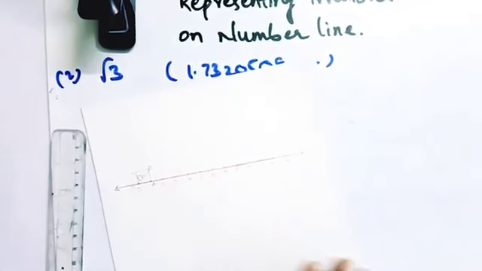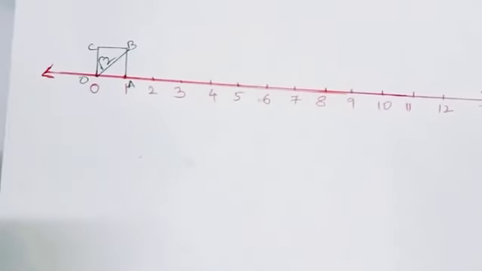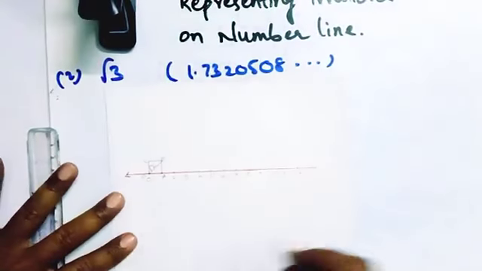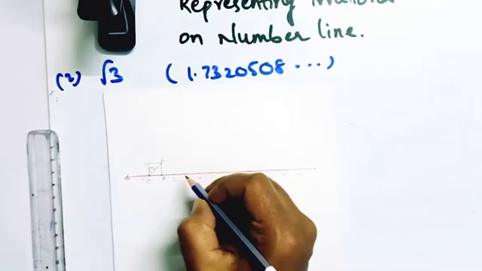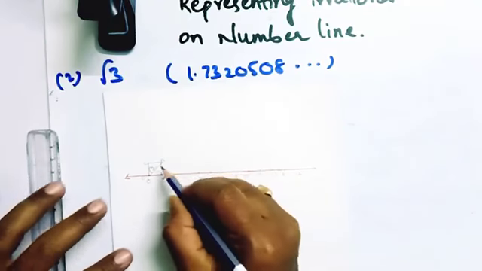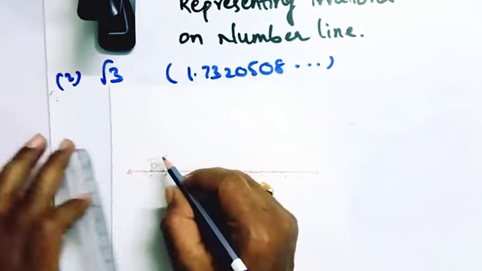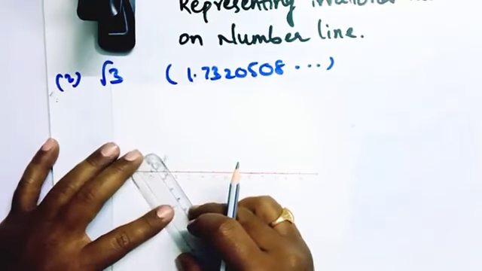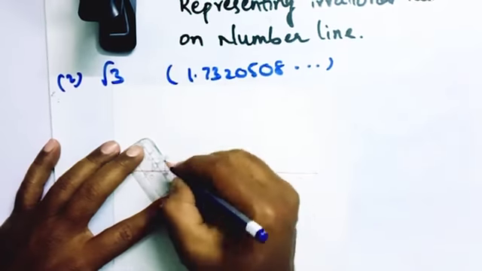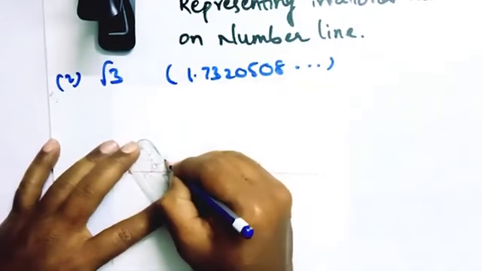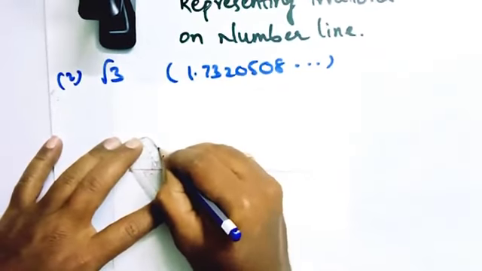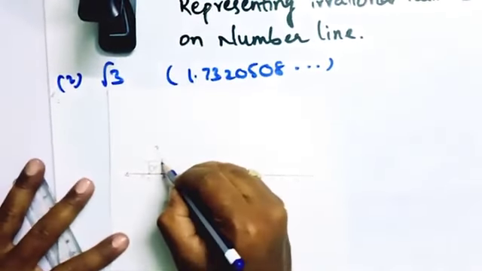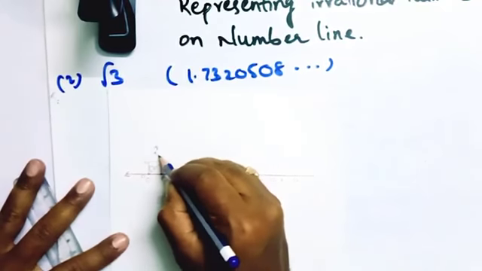To get root 3, we now need to draw B to D with 1 unit length, which is perpendicular to O to B. So from B to D I am taking 1 unit length.